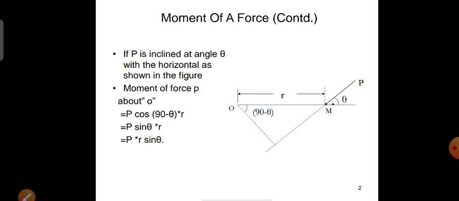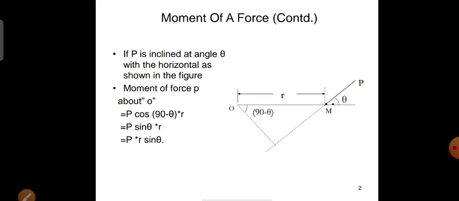For example, if any force acts inclinedly, and for this inclined force you want to calculate the moment, then we can calculate it from the figure. A force is acting with an angle theta.